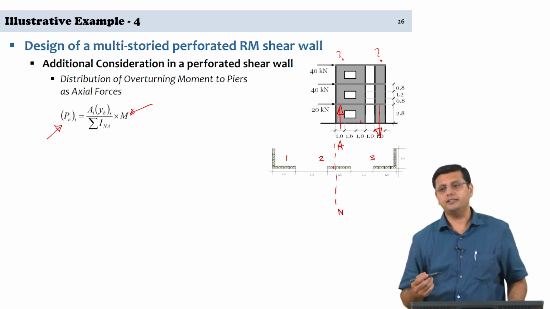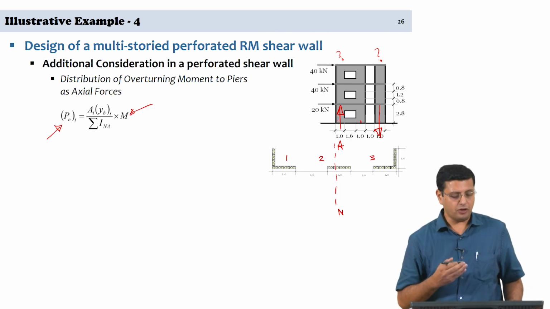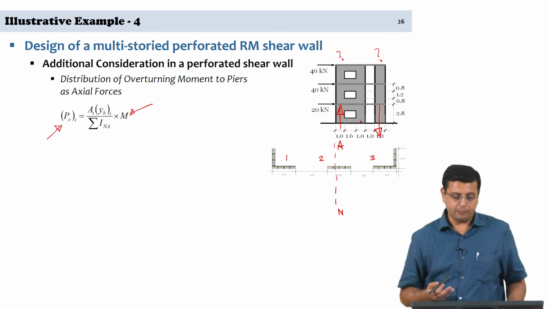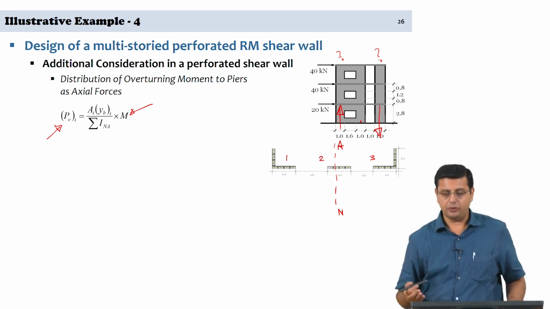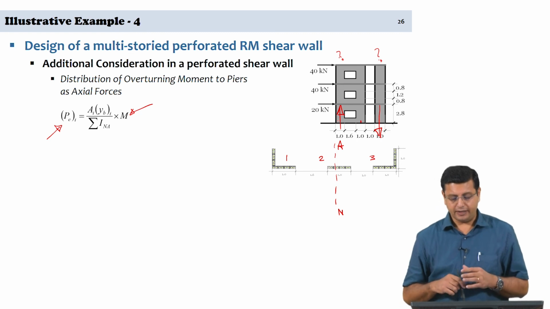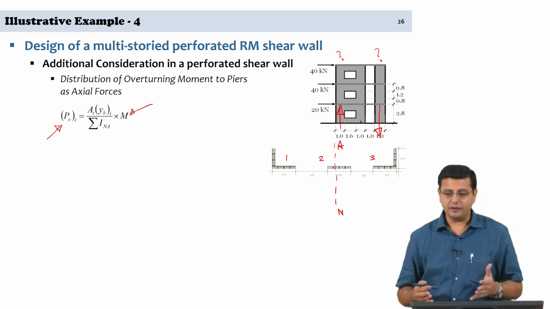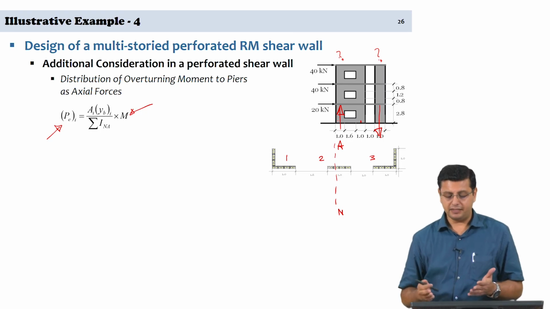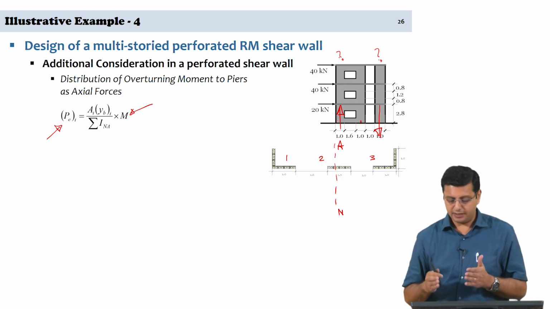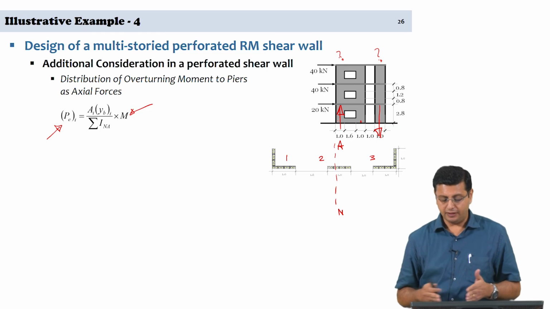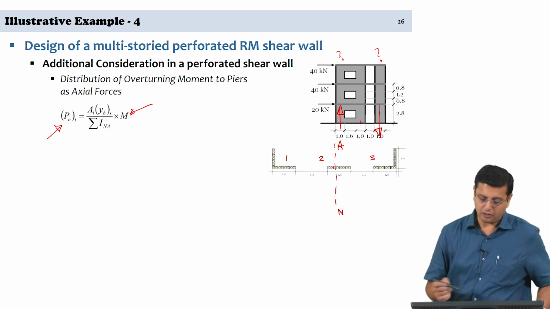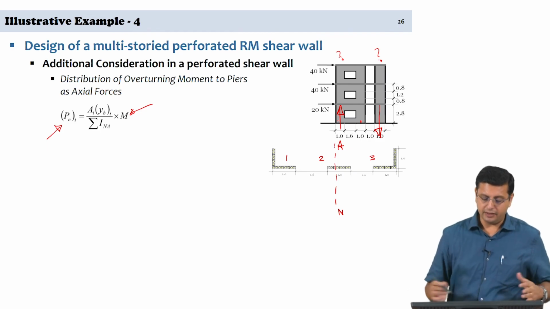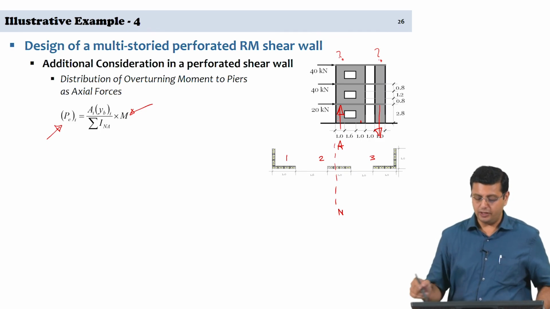And since you know that the shear capacity is directly dependent on the level of precompression, you can have very different situations in the piers, and therefore, design has to adequately consider this particular aspect. And if there are significant deviations from symmetry in the plan, then that is again going to be a cause for concern in the actual design forces to each of the piers.